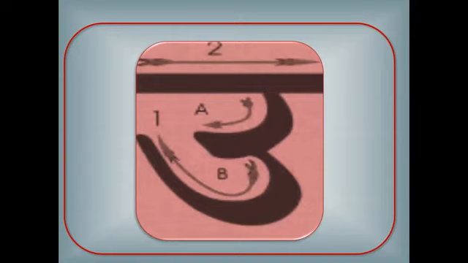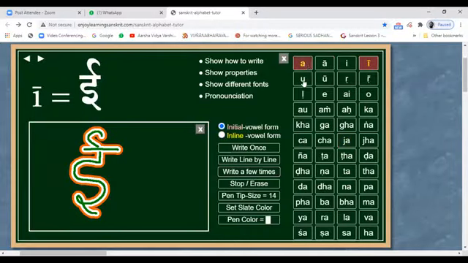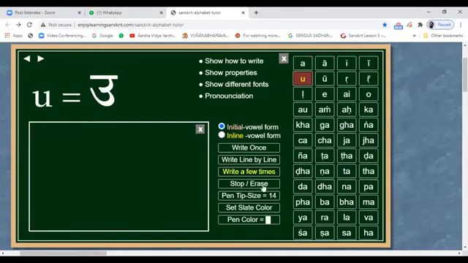Therefore, it is called labial. How to write this? That you can see. So 4 letters we have learned, and this is the 5th letter. So a, e, then comes oo.